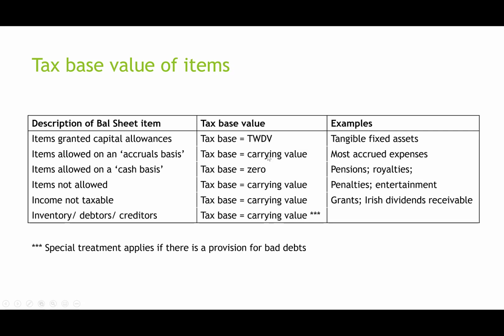And for such items, the tax base is the carrying value. Examples of such items where we don't add back the accrued element would be things like staff wages, staff bonuses, directors' remuneration, rent, rates, insurance. Most expenses would be allowed on an accruals basis. Loan interest, typically, if it's business loan interest, is allowed on an accruals basis.